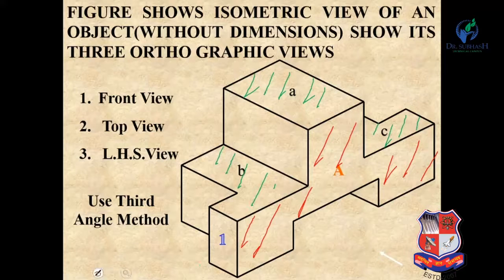And this yellow portion will show the side view. Now let us draw 1 and 2, it will show the side view. Also 1, 2, 3 shows the side view.